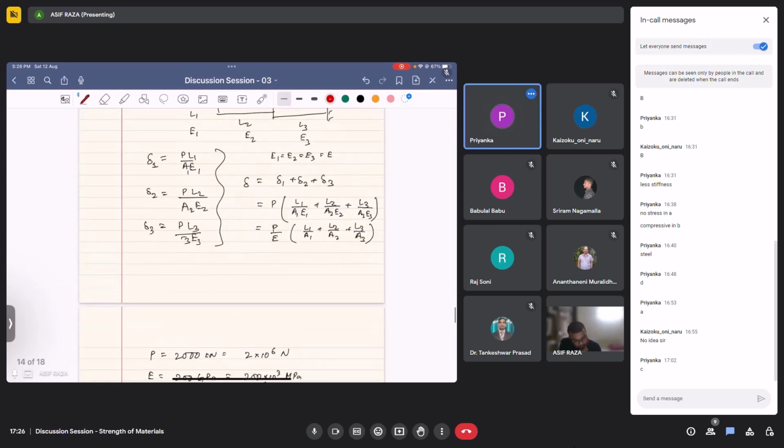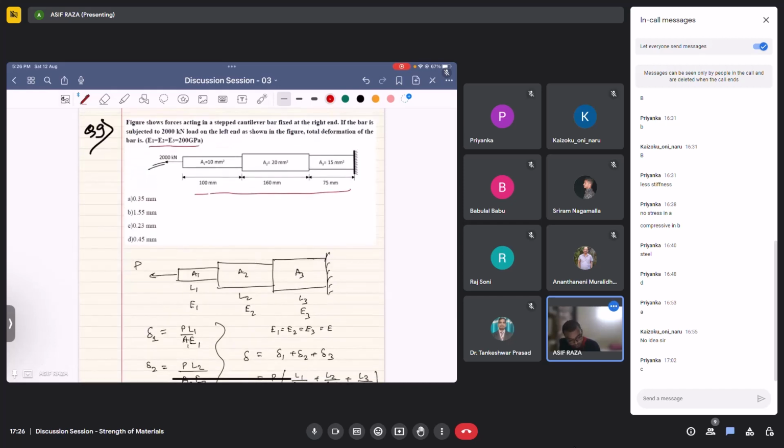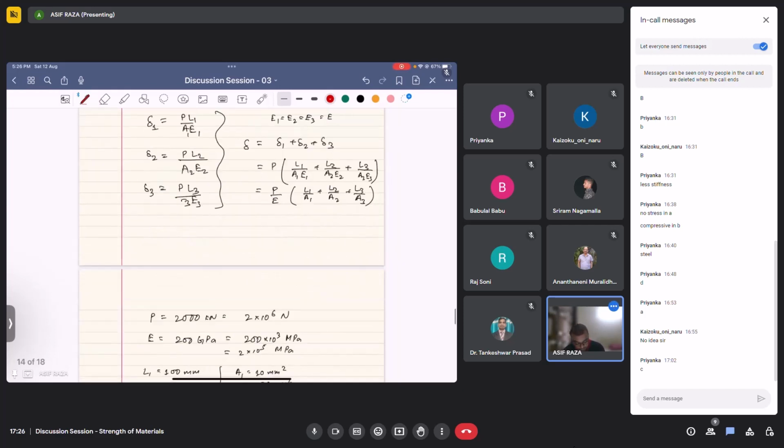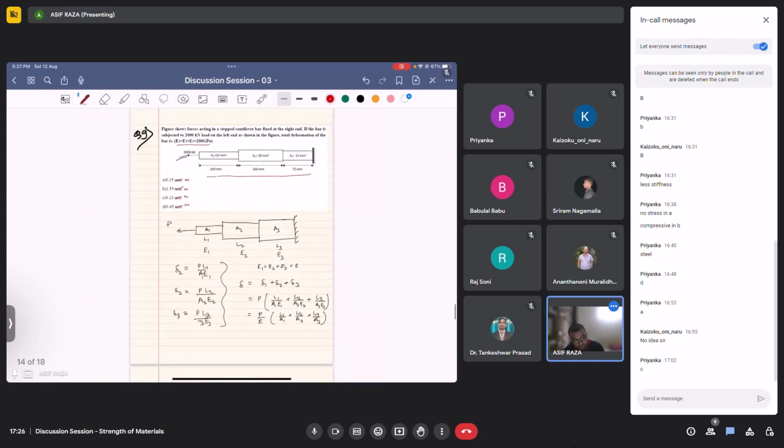These all must be in meter only, or else it should be multiplied with 10 power 3 to get mm. I hope the procedure is okay with you all. So the answer would be option C, 0.23 meter or 230 mm.